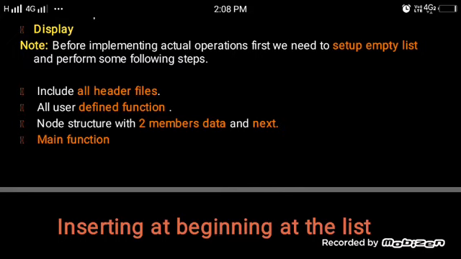Before implementing an actual operation, first we need to set up an empty list and perform the following steps. Include all header files and all user defined functions, then a node structure with two members, data and next, and then a main function.